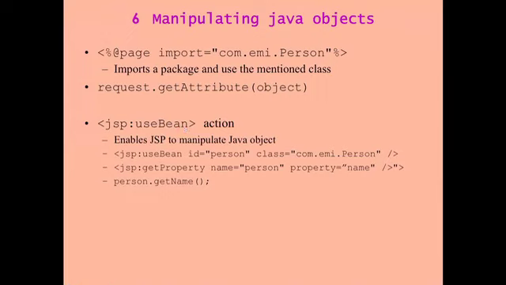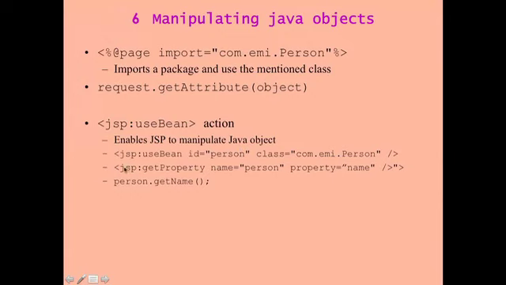So if you see here, I specify that I'm going to use this class, and if I would like to identify this class within my program, I'm going to use this ID.